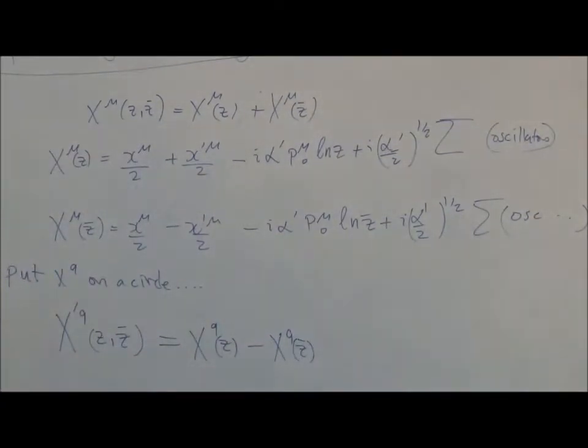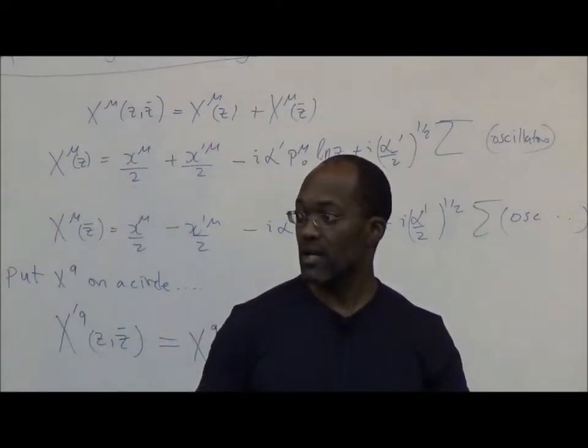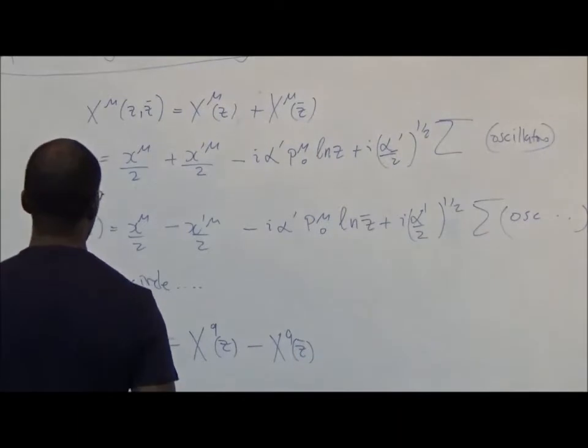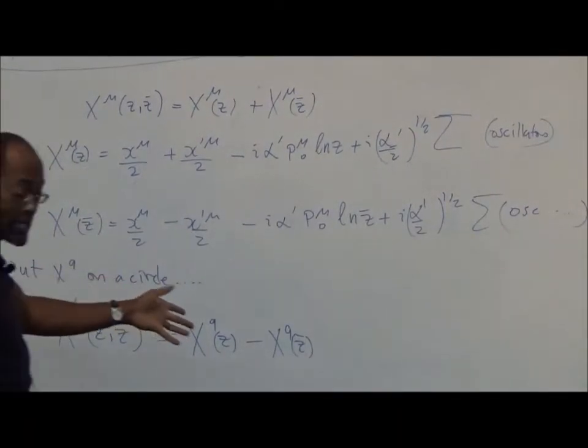If you like, I'm doing an experiment. Inspired by what the closed string sector told me, I'm going to go into the open string theory and see what this quantity is doing. So there's the difference. Let's write that out.